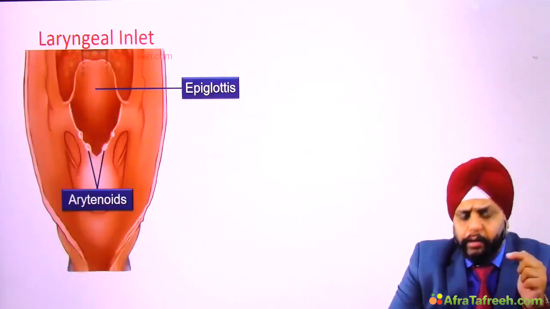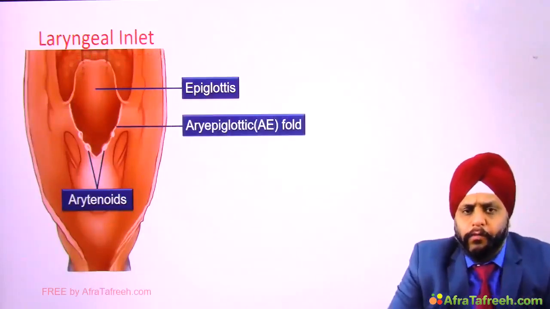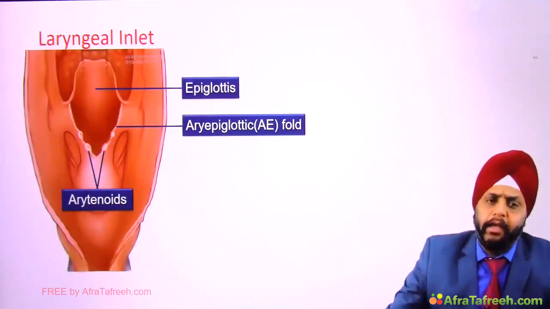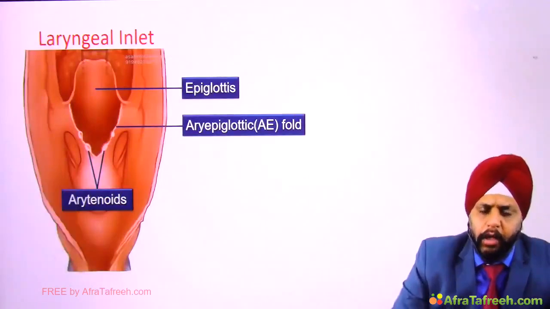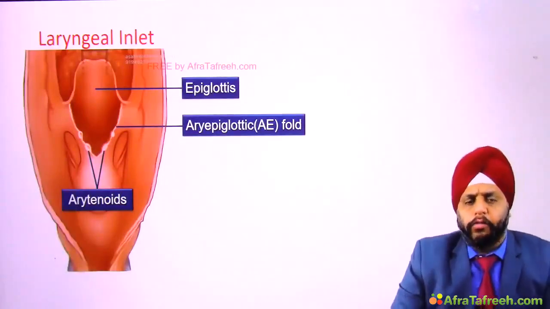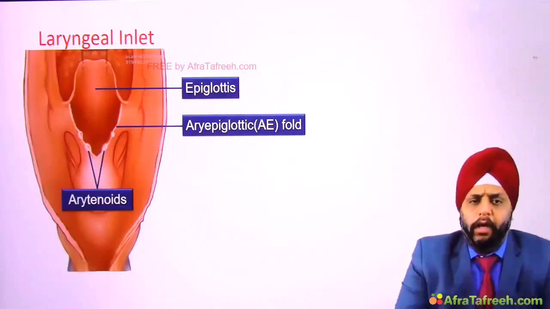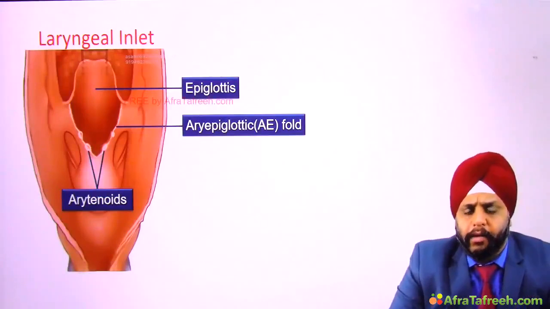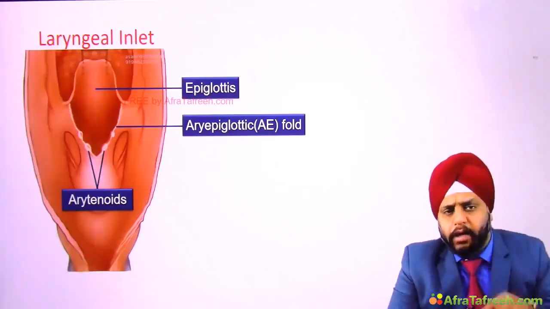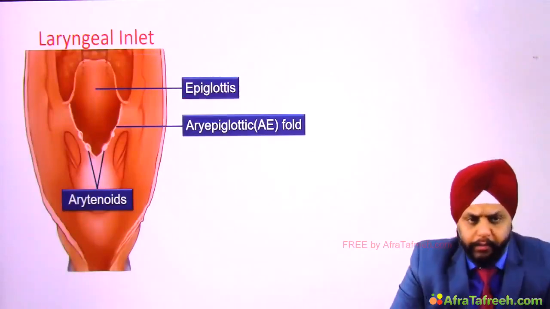Between the epiglottis and the arytenoid cartilages, this mucosal fold is known as the aryepiglottic fold, or AE fold. Together, the epiglottis, the aryepiglottic folds on two sides, and the arytenoid cartilages form the laryngeal inlet. This is the ring through which the air enters into the larynx.